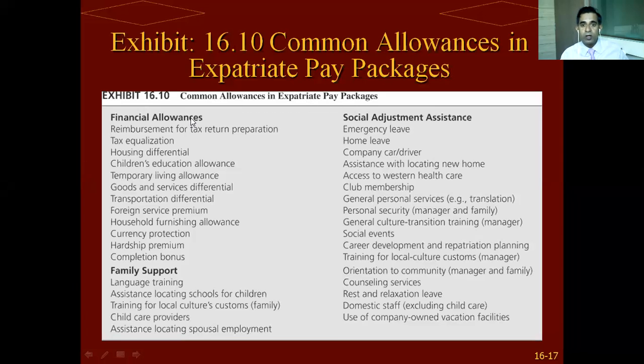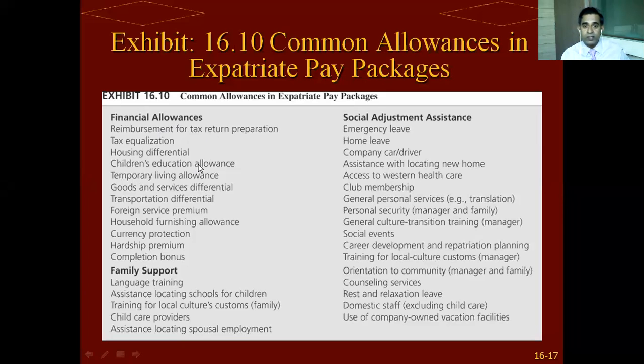Financial allowances include reimbursement of tax return preparation, tax equalization, and housing differential. Differential means, say, that a certain house rent allowance is given to him in India. When he goes and works in Scotland, the house rent will definitely be more expensive there, so whatever the difference amount is will be borne by the company. That is called housing differential.